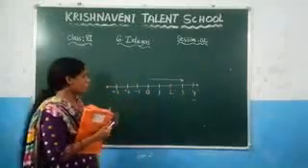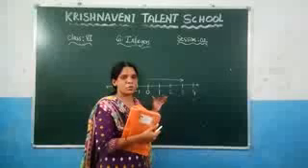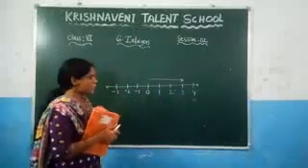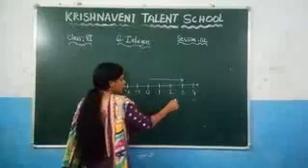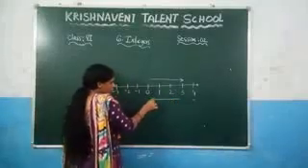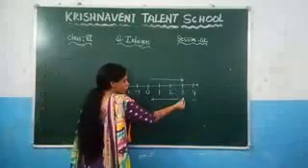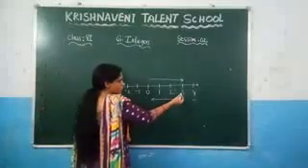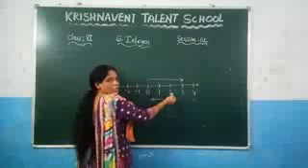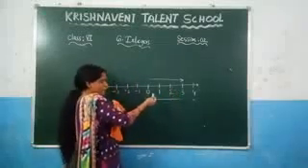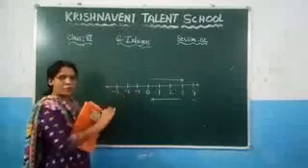That means if you compare any two numbers, the number on the right side will be greater. Similarly, while you are going to the left side of the number line, the number will be decreasing. Because if you are going in this direction, you can observe that 3, then 2 is the smaller number, and again 1 is the smaller number. If you go on like that, the number will be decreasing.